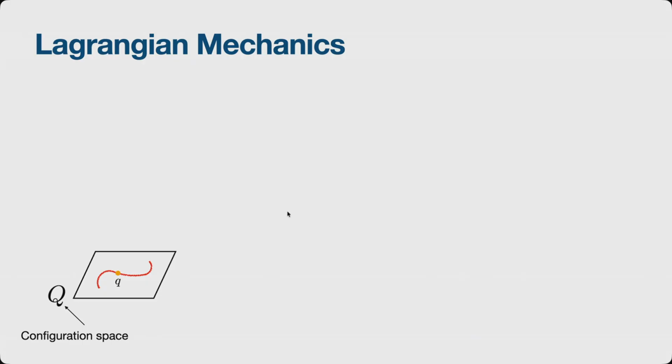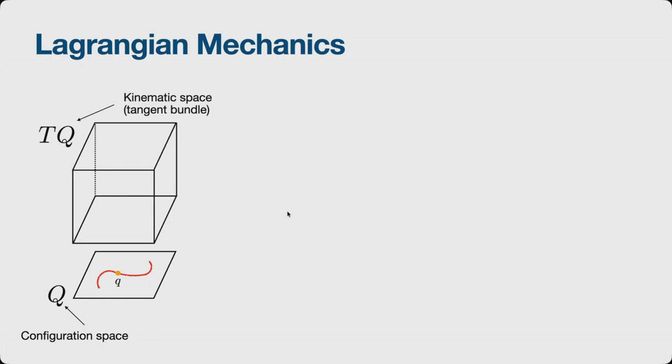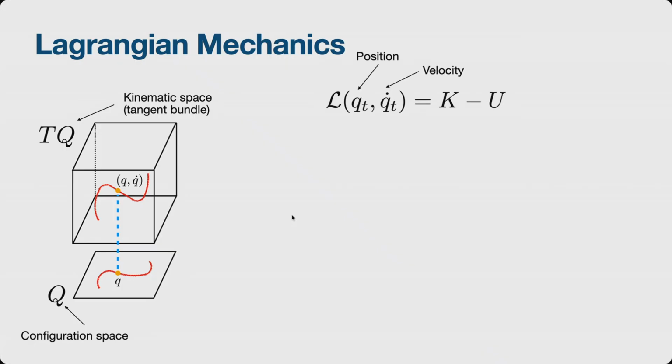The tangent space of this configuration space is the infinitesimal change of configuration, which you can think about as a notion of velocity. And then the Lagrangian is a function on the tangent bundle of the configuration space. It takes in a position and a velocity, and it equals K minus U, where K is the kinetic energy, which is 1/2 m times velocity squared, and U denotes the potential energy.